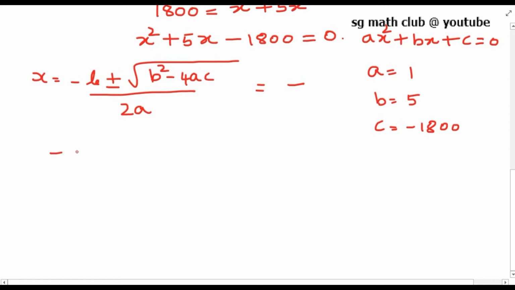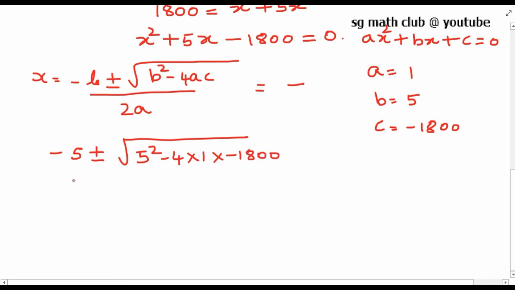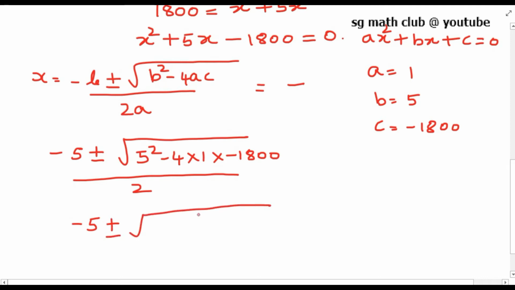So minus 5 plus or minus square root of 5 square minus 4 into 1 into minus 1800 divided by 2.